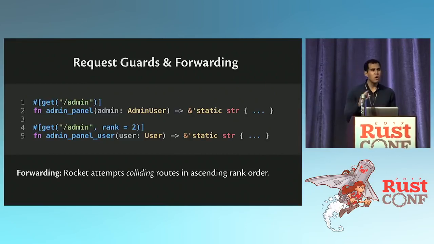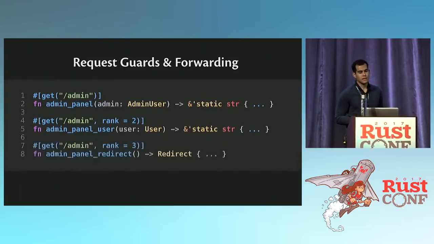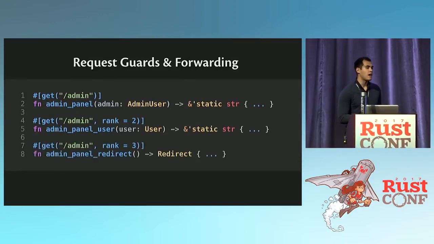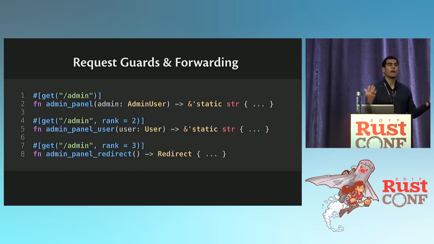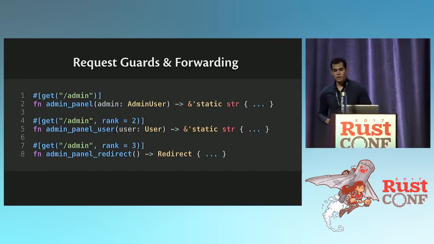We've encoded our policy with routes, request guards, and the forwarding mechanism. And we can go further and keep ranking things. For instance, if you want to have a route that has no requirements, maybe to tell the user, hey, log in so I can figure out if you're actually an admin user or a regular user, then we can do that. So I think this is the most exciting part about Rocket: the ability to really encode arbitrary policies, whether it be authentication, authorization, or whatever. Request guards and forwarding allow you to do that.